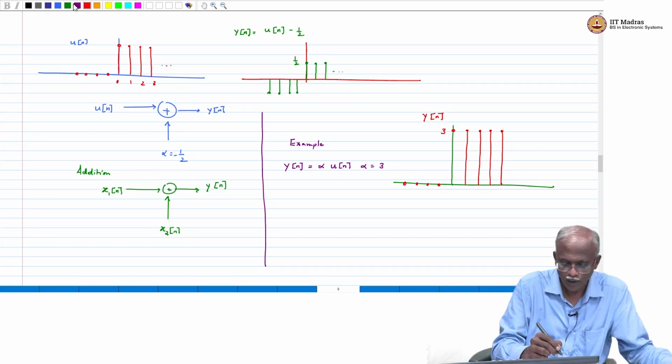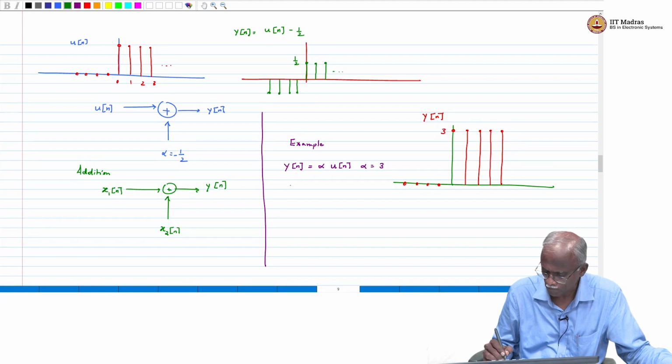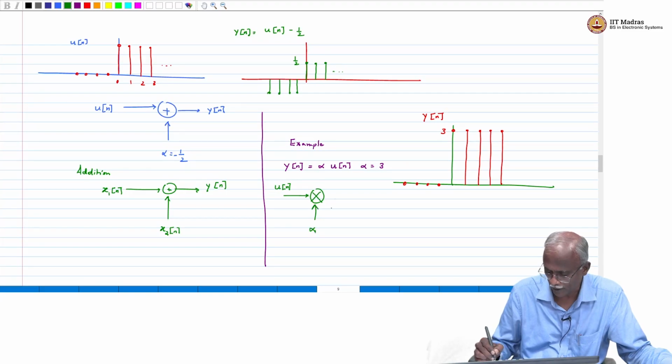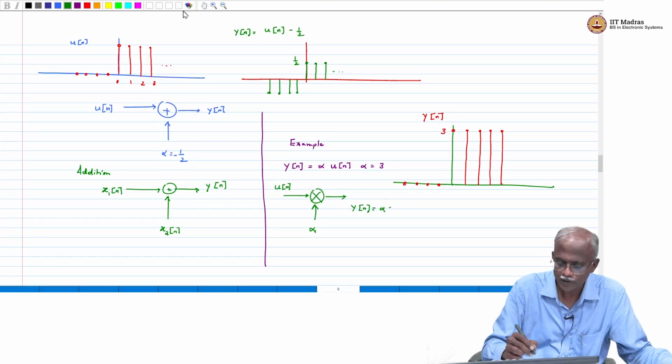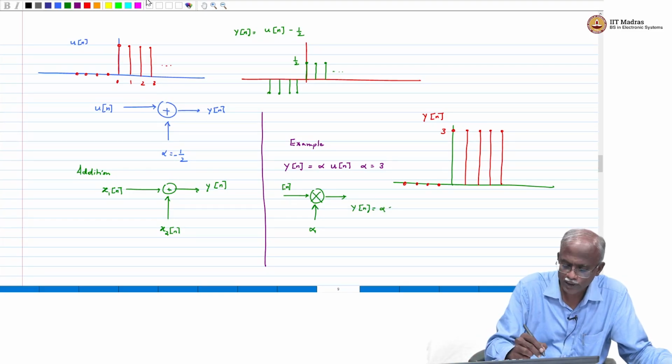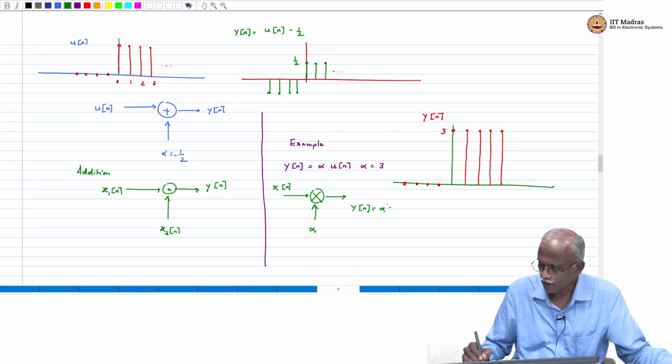So, scalar multiplication means you take the signal u of n and multiply every sample by a factor alpha, and the output y of n is, in the more general case, alpha times x of n.